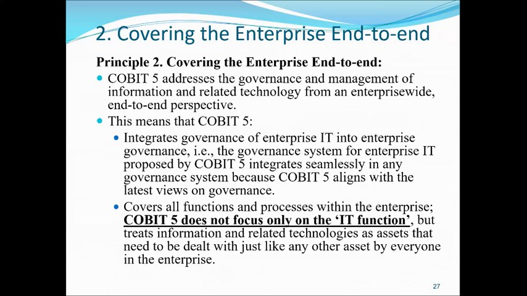That is, the governance system for enterprise IT proposed by COBIT 5 integrates seamlessly into many governance systems because COBIT 5 aligns with the latest views of governance. It covers all functions and processes within the enterprise. COBIT 5 does not focus only on the IT function, but treats information and related technologies as assets that need to be dealt with just like any other assets by everyone in the enterprise.